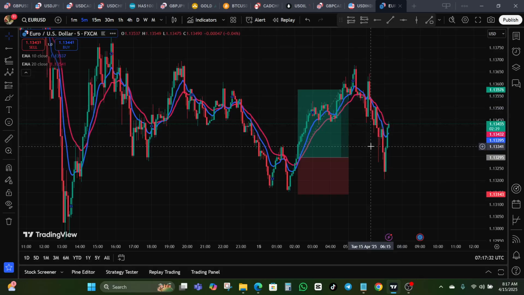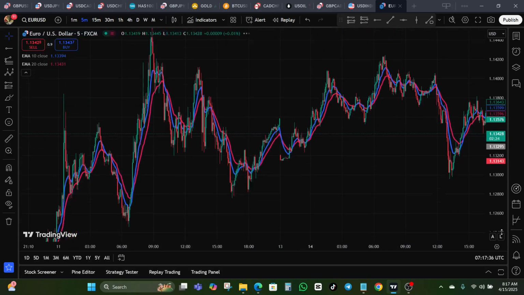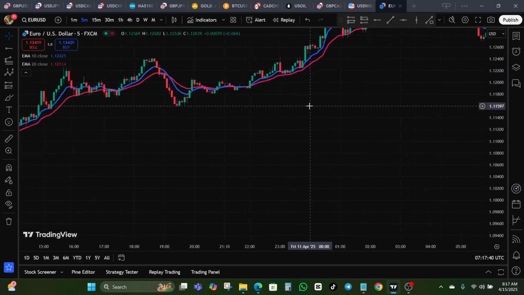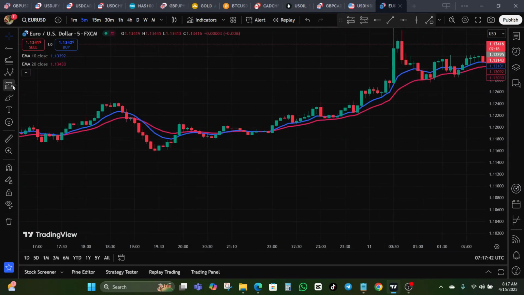If the EMAs are crossing back and forth, let's look for a good example. Like what we can see happen within this particular zone.